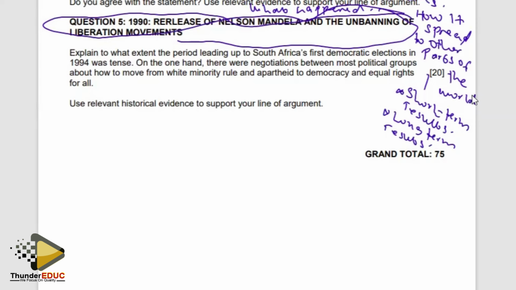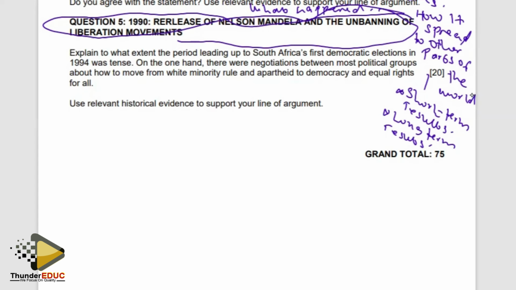On the other hand, there were also negotiations between most political groups about how to move from white minority rule and apartheid to democracy and equal rights for all. You should also support your line of argument with relevant historical evidence.